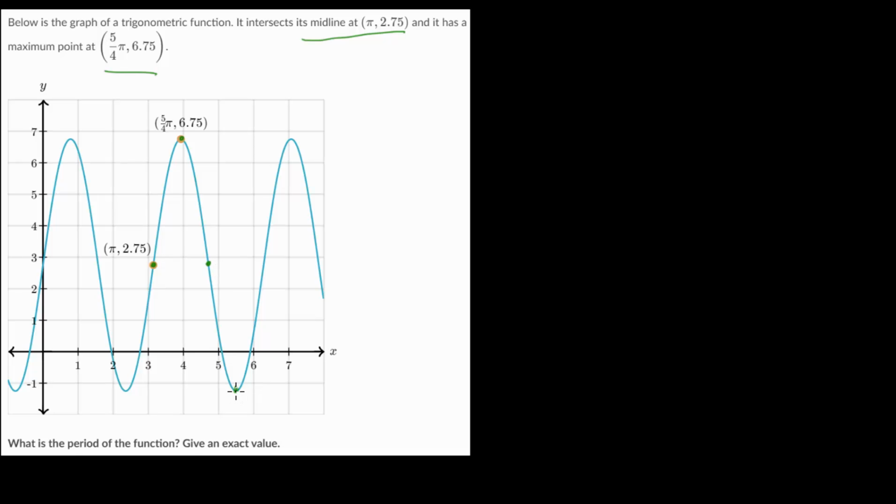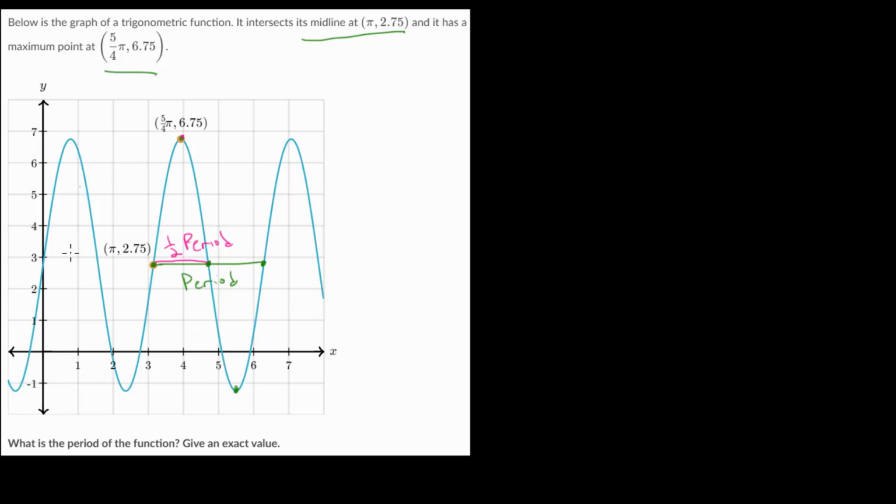It would then go through the minimum and then back up to the midline again, meaning that this distance right here is one period, and the distance to this midline point in the middle is half a period. So if we look at this distance, this is half the period, and the maximum point is right in the middle of these two midlines.